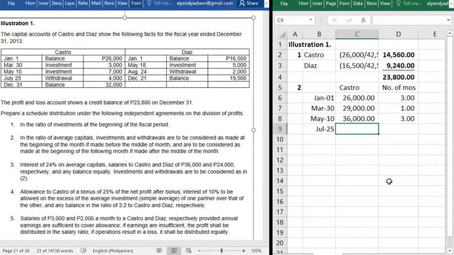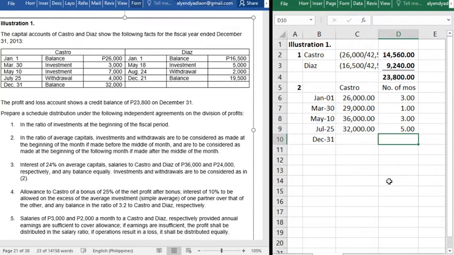And then from July 25, there is a withdrawal. So 36,000 minus the withdrawal of 4,000 is 32,000. Then the next transaction is already on December 31. Since we started with July 31, we start with August, September, October, November, and December.